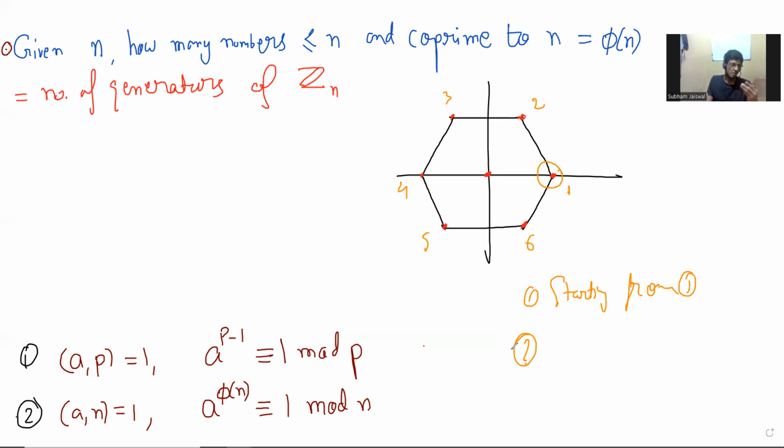I'm not framing the question properly. My point is that if I start with 1 and my jump is 60 degrees, then I can visit all vertices, right? But then if I jump by 120 degrees, can I visit all the vertices?